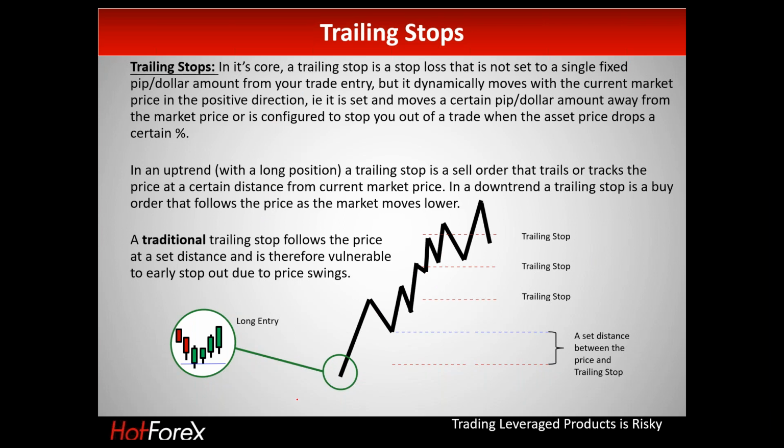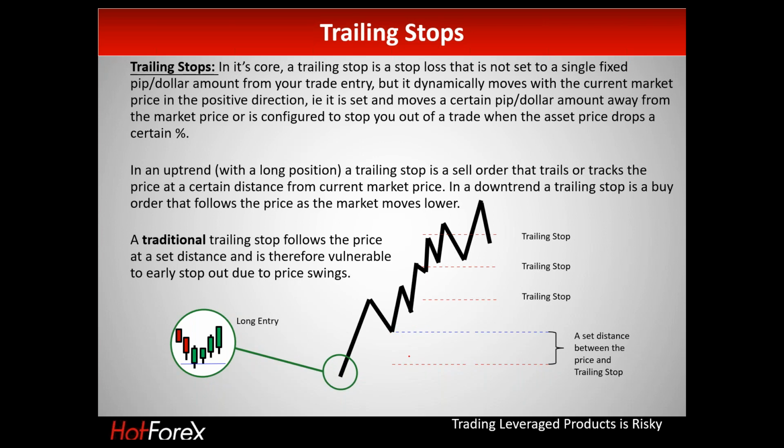The price is dragging the trailing stop along with it. So we can see that the trailing stop is moving along with the price action, right? So here, let's assume, is the entry level.